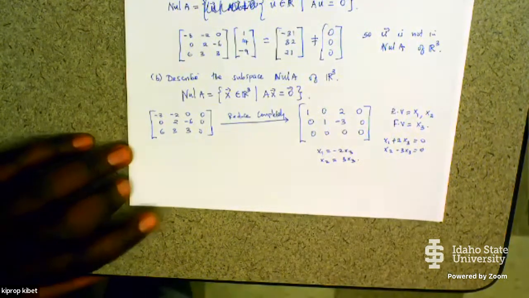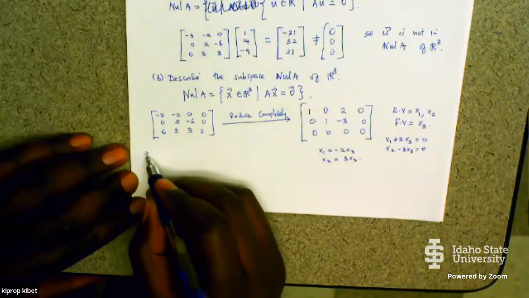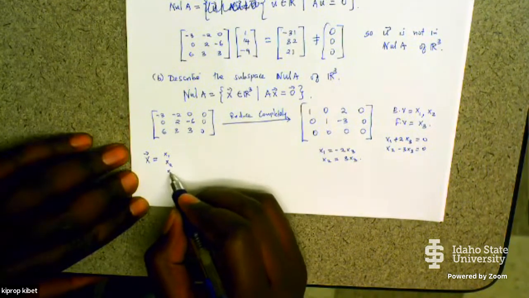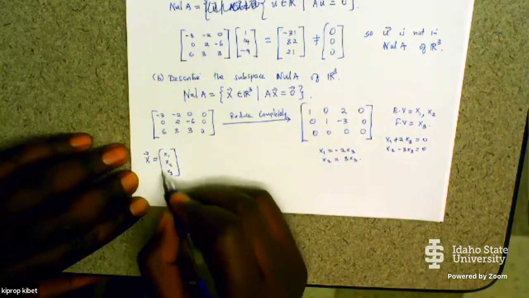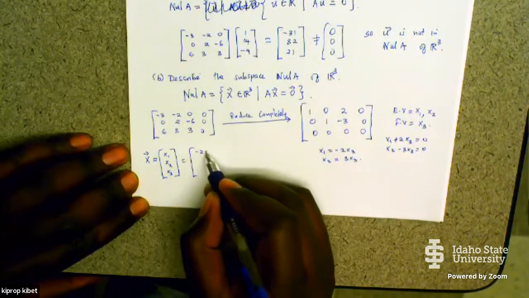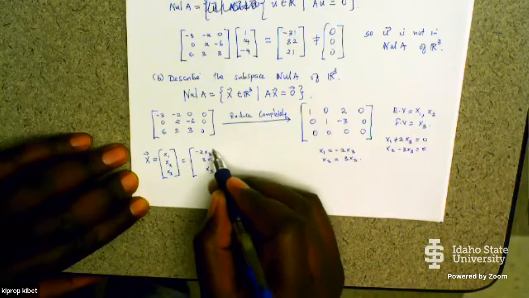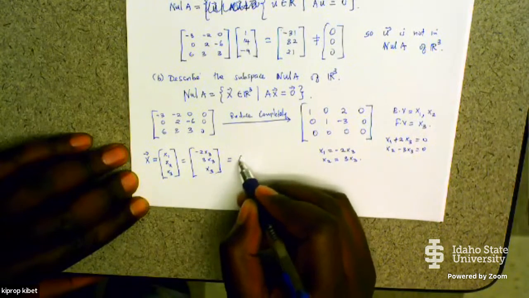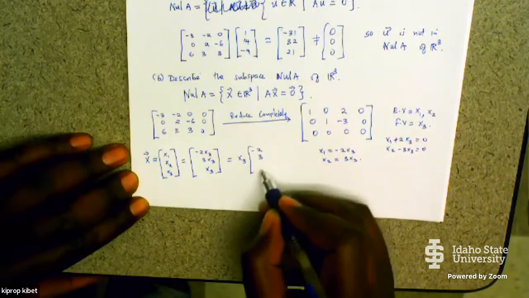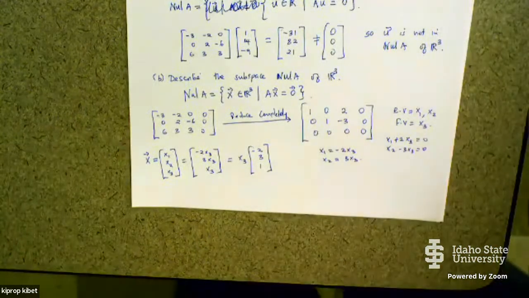Then our solution set is x equals x1, x2, x3, which is equal to minus 2x3, 3x3, and our free variable x3. And this is equal to x3 times minus 2, 3, and 1.